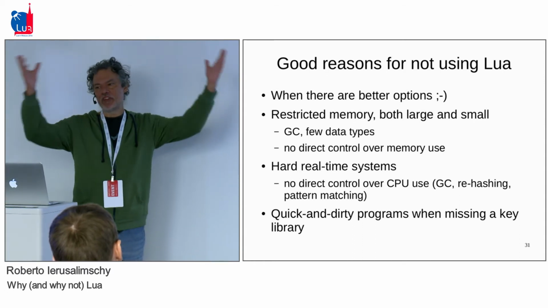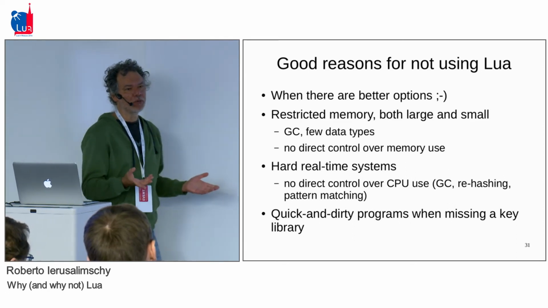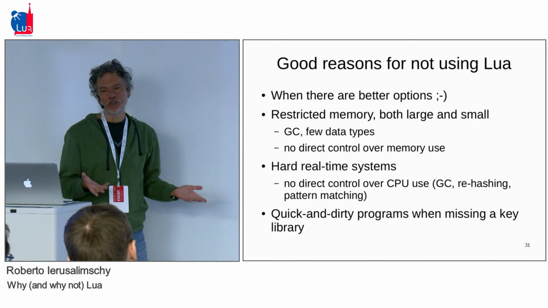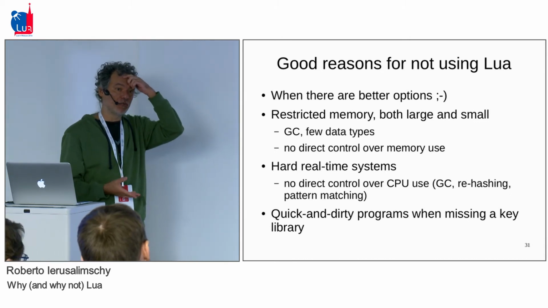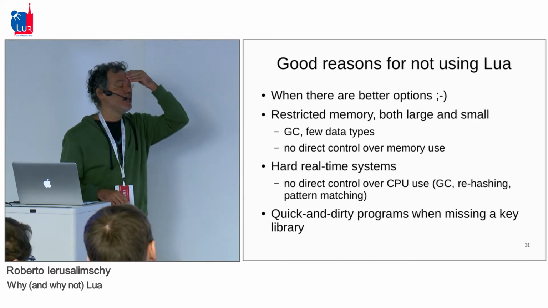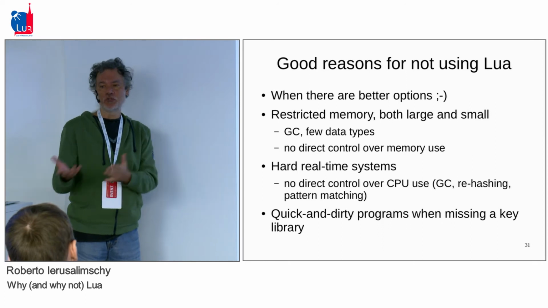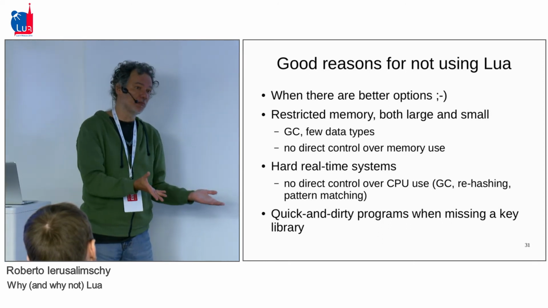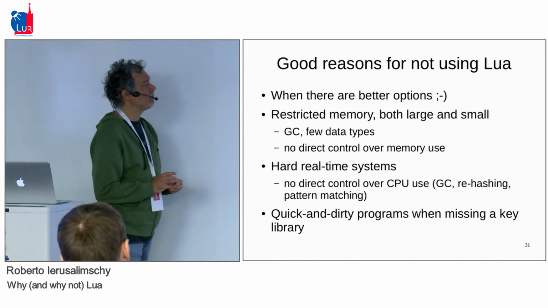I mean, everything in my memory is floating point numbers. I don't need double precision, so if I use single precision, I have, of course, twice the memory. And if the language doesn't offer you the option between double precision and single precision, this is a big loss for that kind of application.